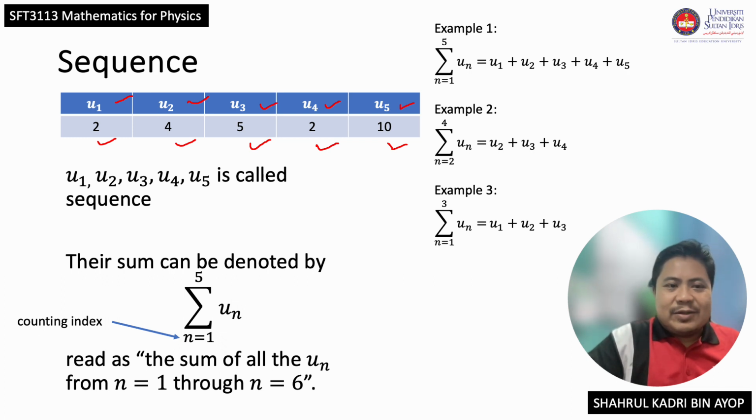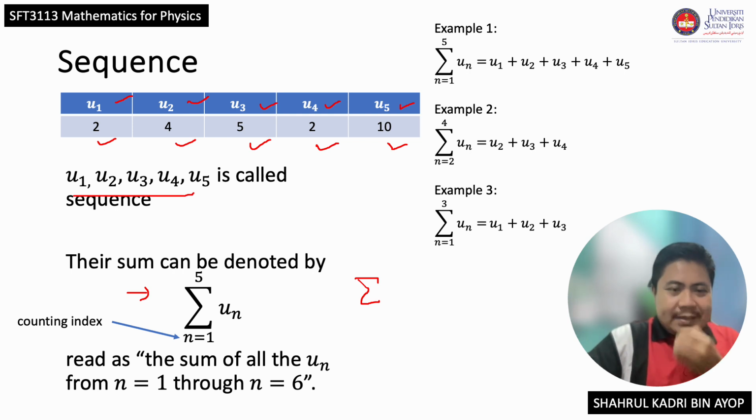Alright, so if we add them all so that we can have their sum, we can have a notation like this, a summation. This is from the Greek letter sigma. So this represents the summation of all of these terms.